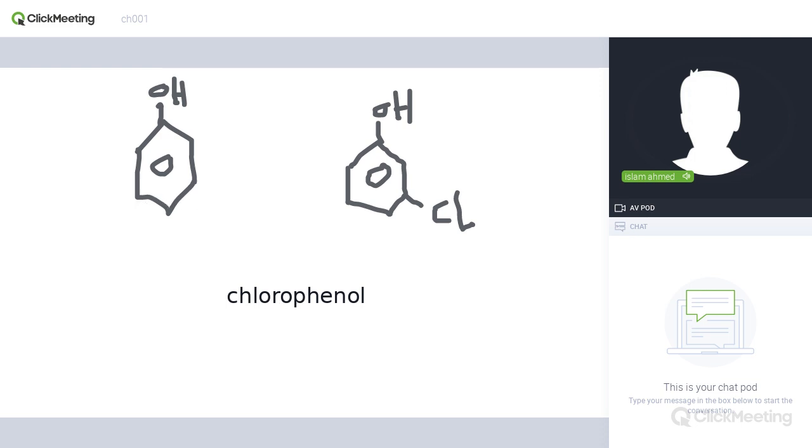This is why they have added meta. That one is called metachlorophenol. Okay, this is a very simple way to name the cyclic aromatic compounds.